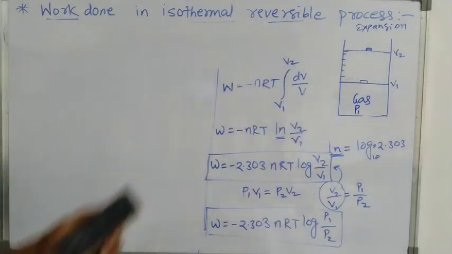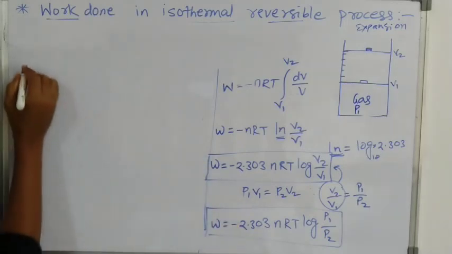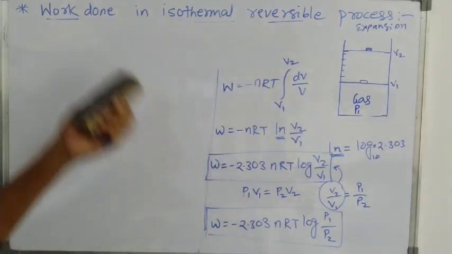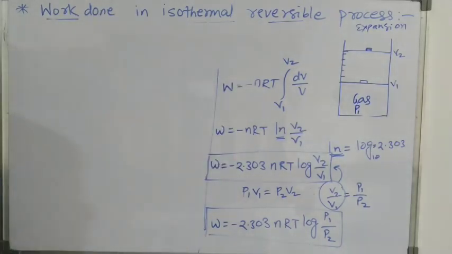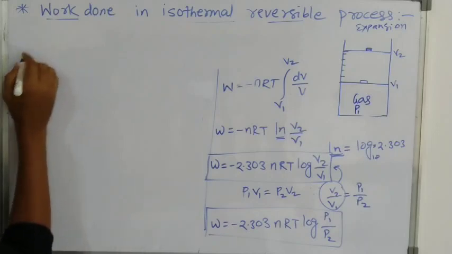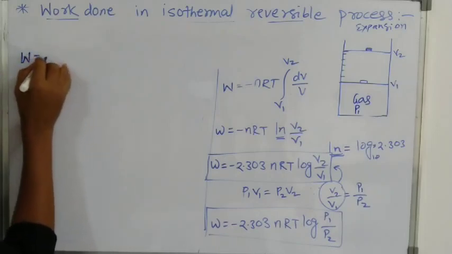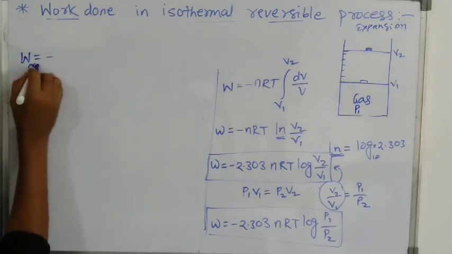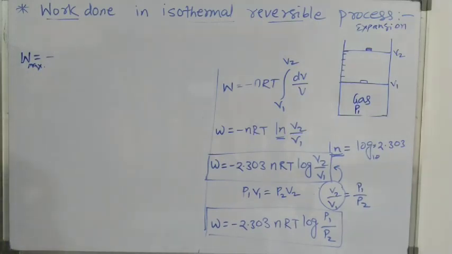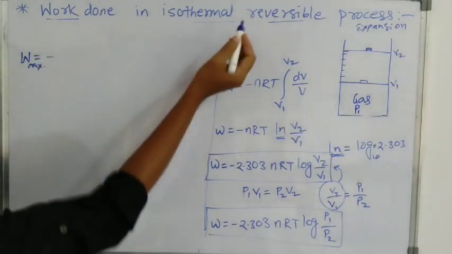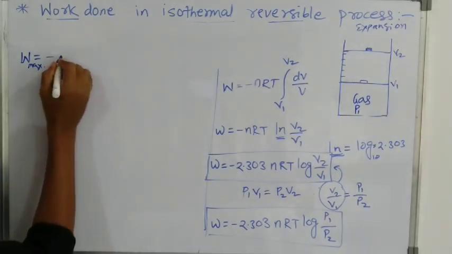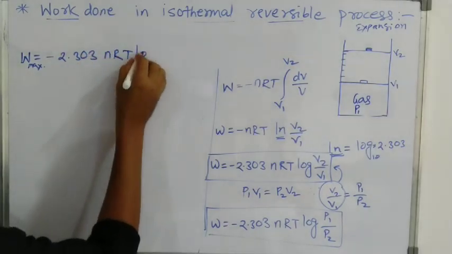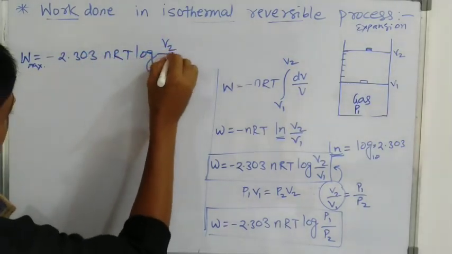And again, let me write here these two equations because we are going to solve some numerical problems based on this concept, work done in isothermal reversible process. To solve such problems, we require these two equations. W, that is also W max, the maximum work done obtained in the isothermal reversible process, is equal to negative 2.303 nRT log of V2 upon V1.